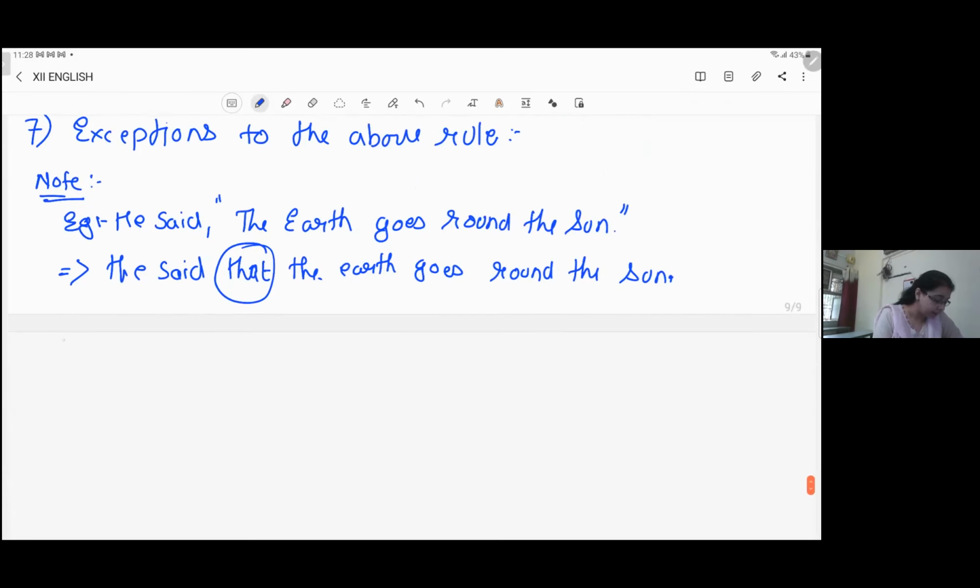You can write the next example for this only. I'm dictating it. German is easy to learn. He said. German, inverted comma open, then you will write German is easy to learn, inverted comma close, comma he said, full stop.